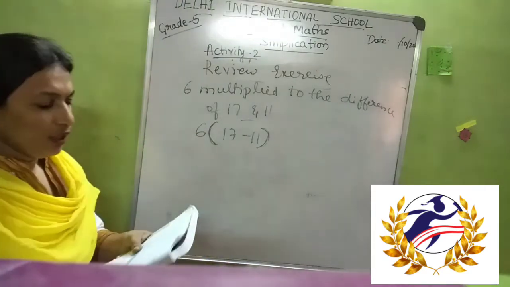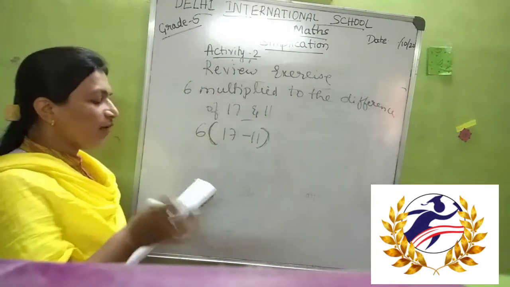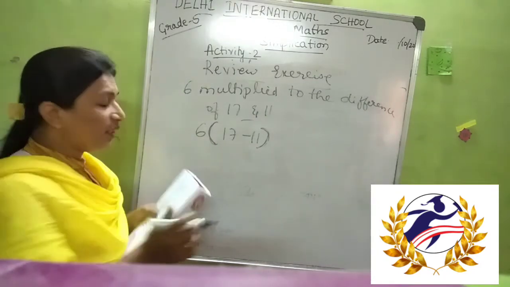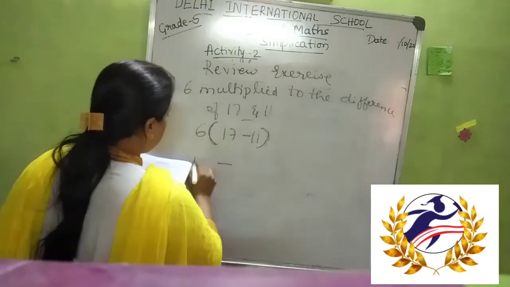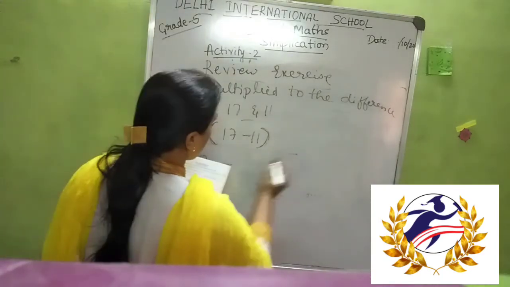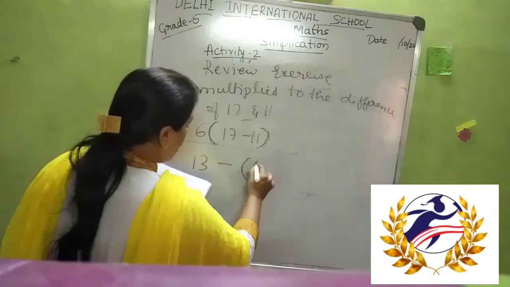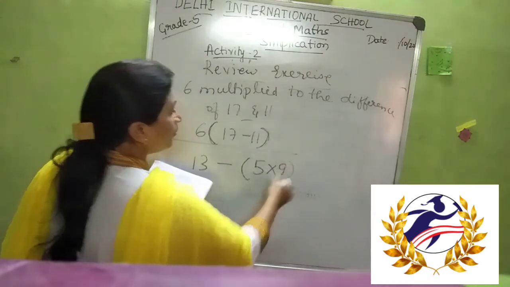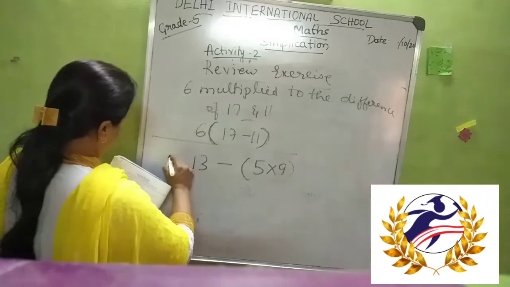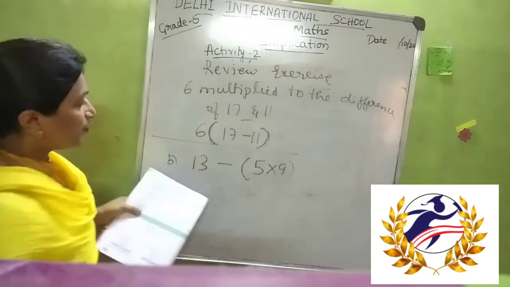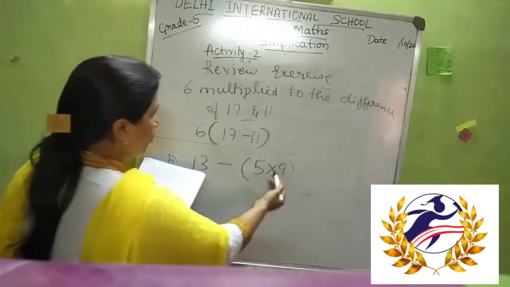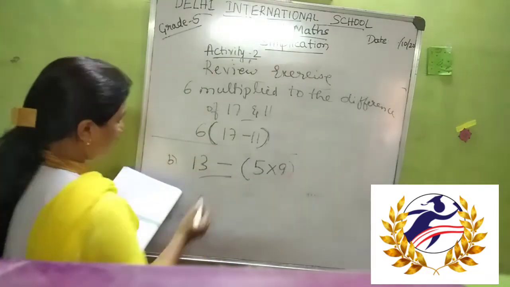So this is one. And then the next problem: subtract 13 from the product of 5 and 9. This is the answer for that.